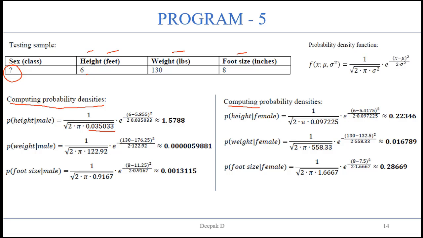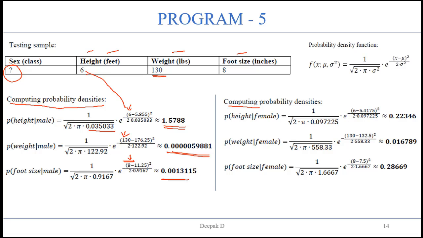So here 6 is nothing but your test data that is taken from this one. So minus the value that I have received during the calculation of this one, apply the same in this equation and you receive this value. Similarly with the weight, the major part is the test data. What is the weight here? 130 lbs. Similarly for foot size, which is in inches, 8, and you calculate all these values and you receive this much.